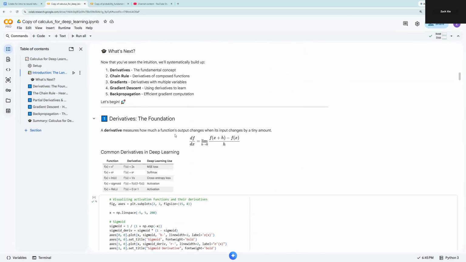But there is a loss function, which is the difference between the output and the desired label or outcome, right? And we want to minimize the loss function.